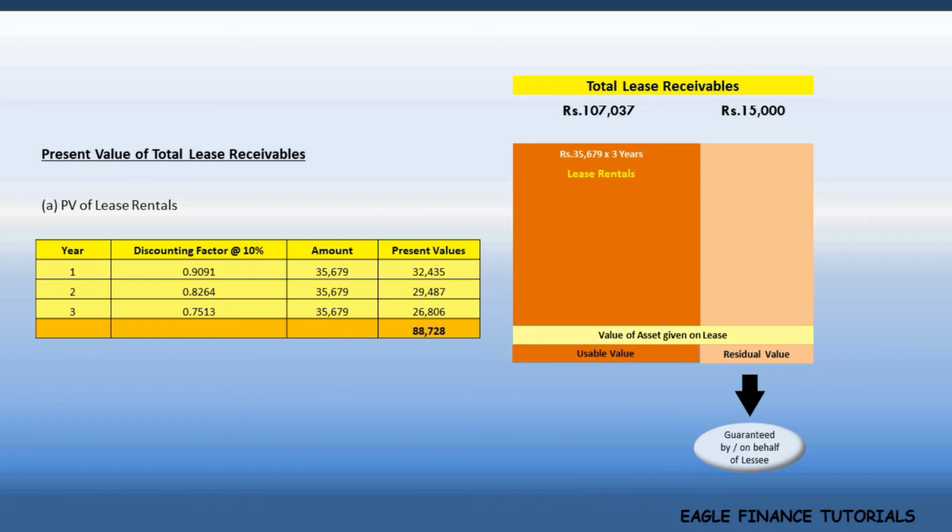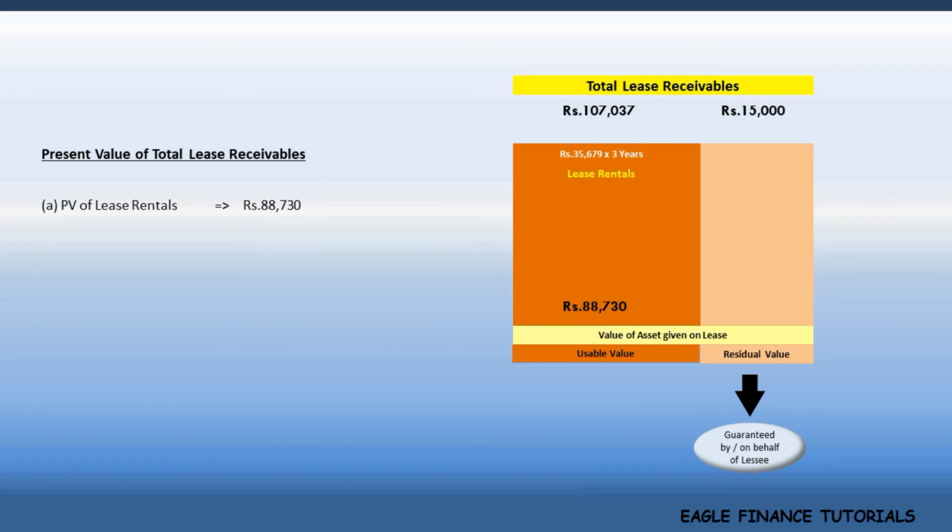From the calculation table, we see the total of present values of lease rentals is rupees 88,728, rounded off to 88,730.